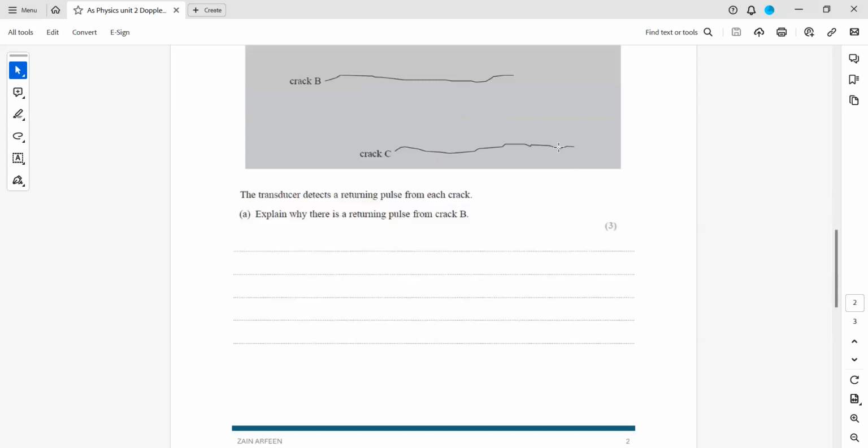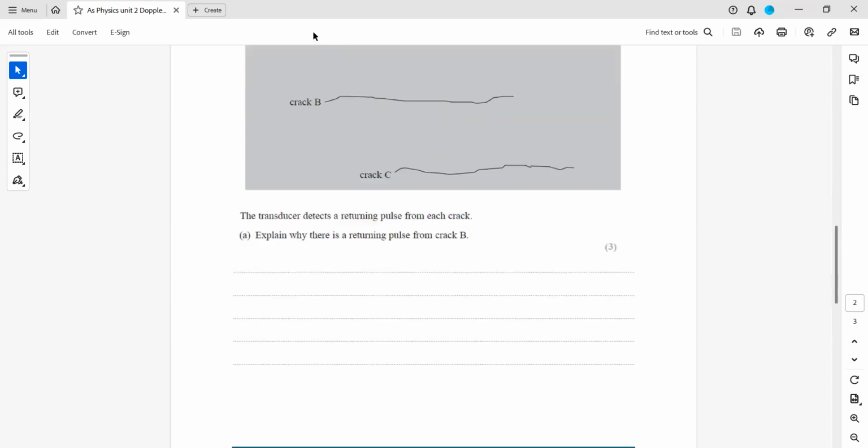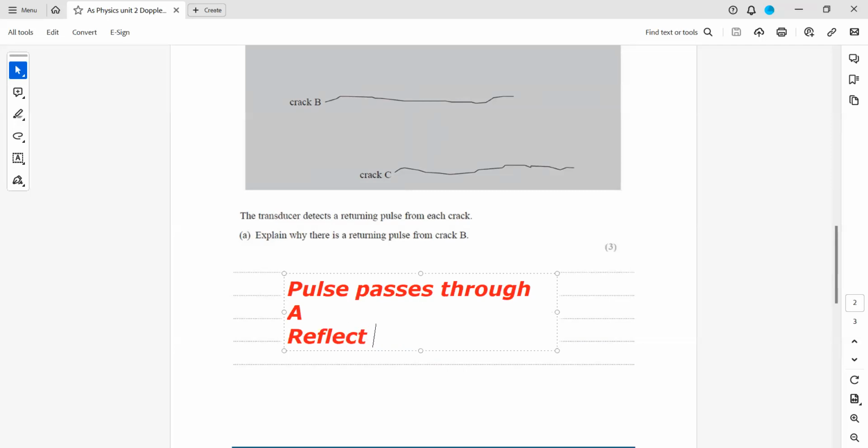So why is there a returning pulse from crack B? The points which you should mention: first, the pulse passes through A, and it is reflected from B due to the difference in density.